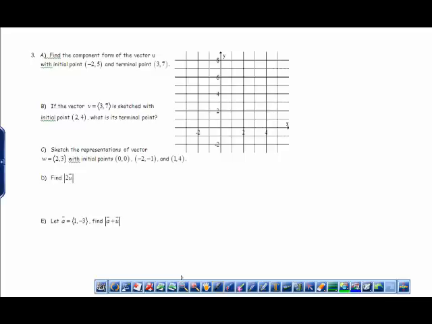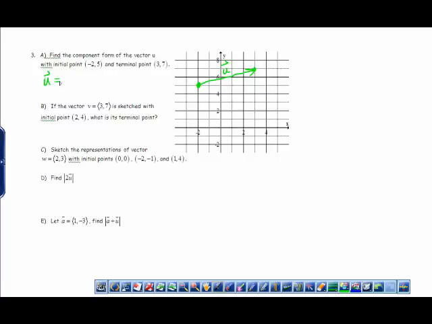So this says find the component form of vector u with initial point -2, 5. So I'm going to plot this right here, and terminal point 3, 7. So this is my vector right here. This is my vector u. If I were to go ahead and do what they told me to do on the last page, I would just subtract.